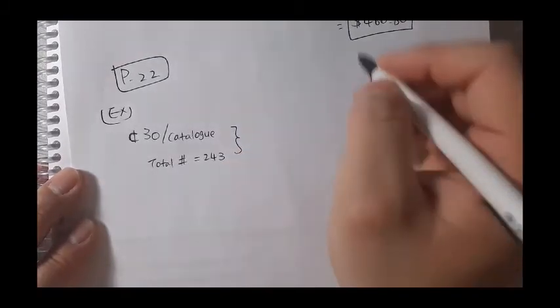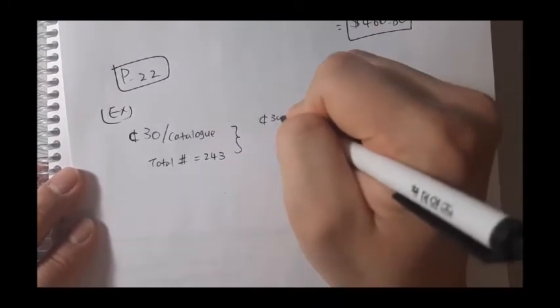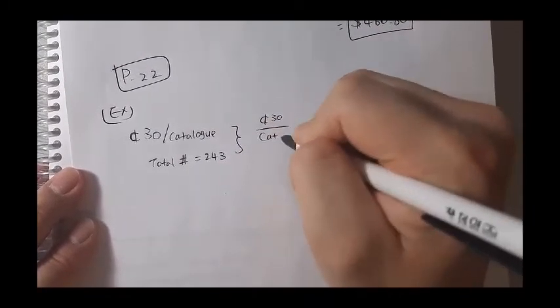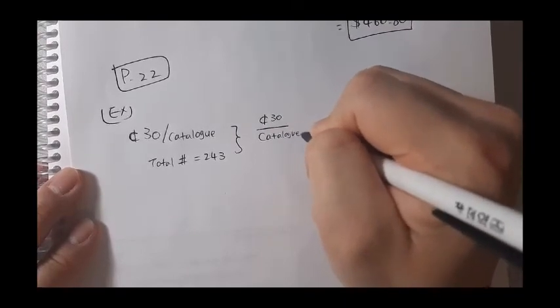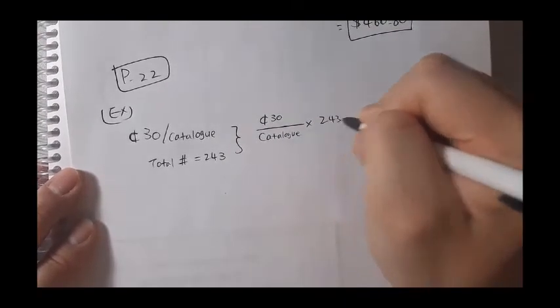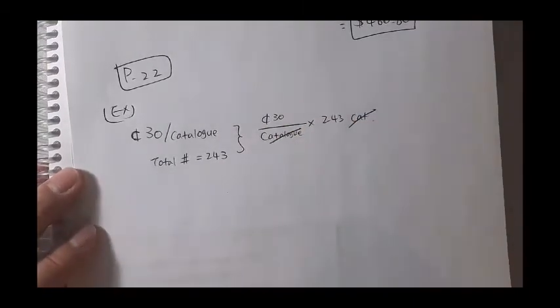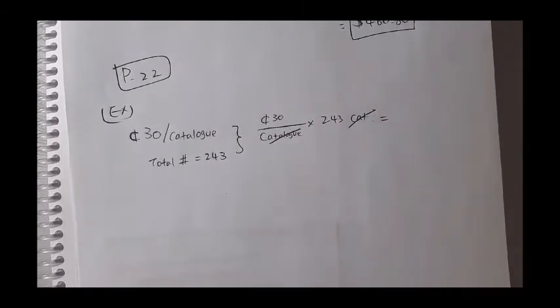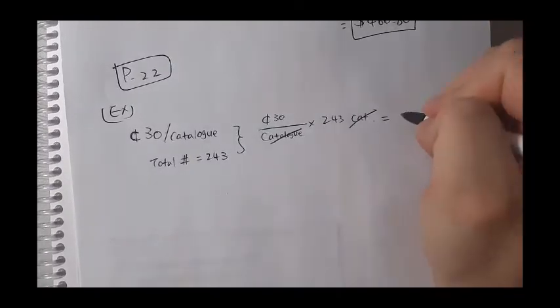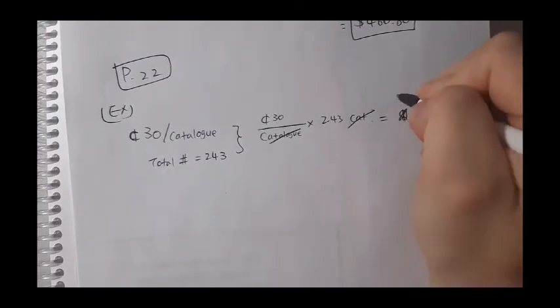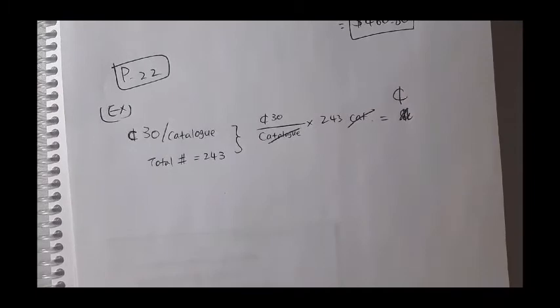So to find out the total value, what you need to do is 30 cents over catalog multiplied by 243 catalogs. I'm just going to put cat, and these units will cancel each other, and the only unit that you have is cent. We are multiplying those.